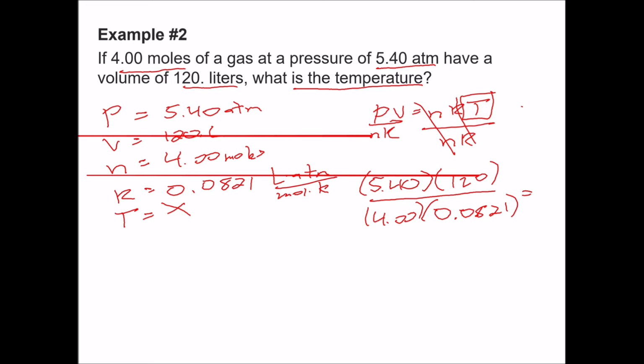In my calculator, 5.4 times 120, divided by 4, divided by 0.0821, I get 1973 Kelvin, but I have 3 sig figs. So my answer will just be 1970 Kelvin, no decimal point, if you're following sig fig rules.